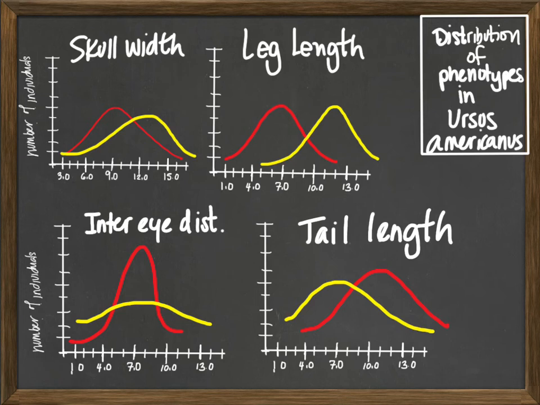Biologists have measured, over the course of some number of years, skull width, leg length, the distance between their eyes, inner eye distance, and tail length. And have any of these traits shifted their distribution? Well, yeah, they all have. So this is really serious change. Okay, evolution has happened here.